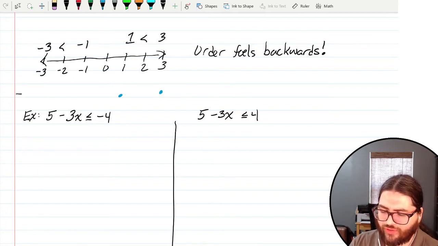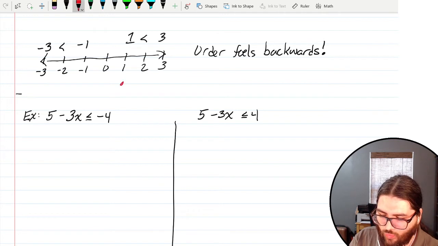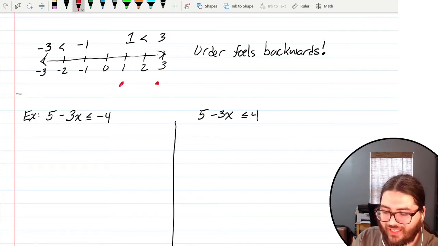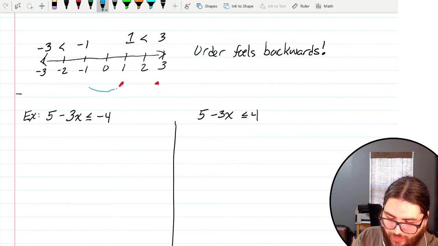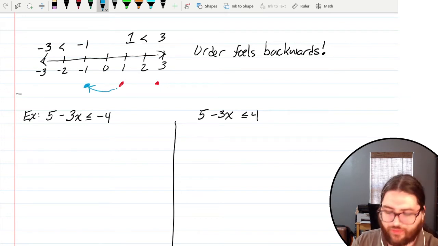Compare and contrast that to how multiplication works. For example, if I started with 1, 3, now let me multiply times -1. You can already see what's happening here. If I multiply 1 times -1, I get -1.